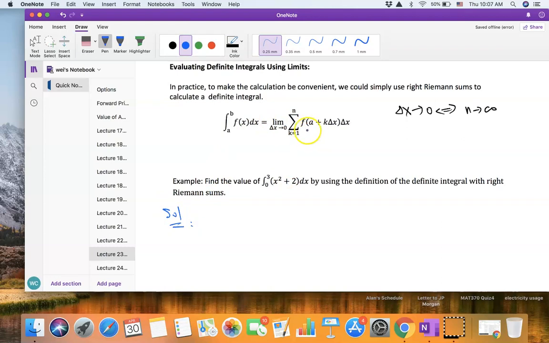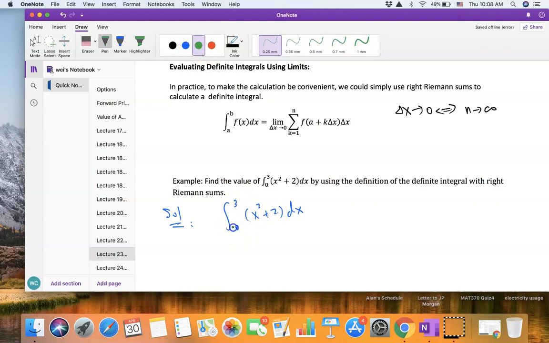So first, to do this, we need to figure out how to write this summation. Okay, and by looking at this integral, the integral from 0 to 3 of x squared plus 2 dx.